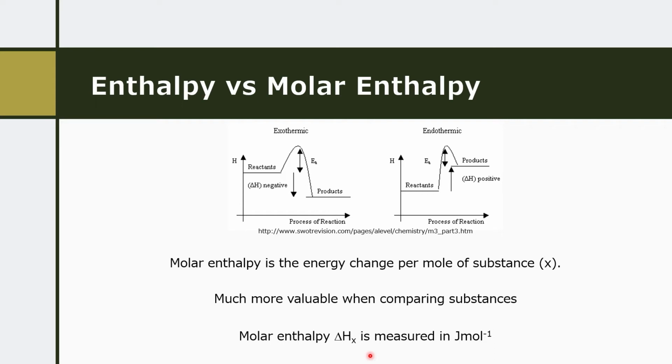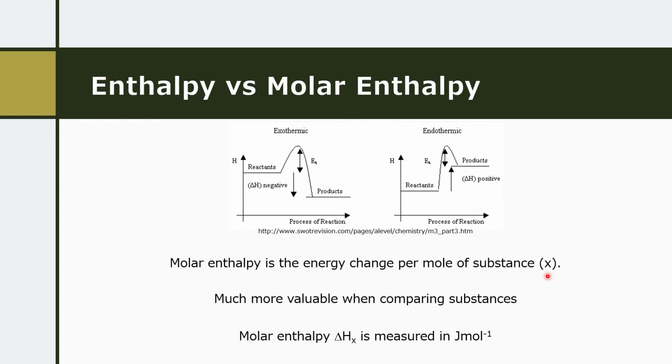So for example, let's say I was burning two different fuels. I could measure the amount of energy that's being produced by both of those fuels and compare them per mole that's been burnt. Note as well, molar enthalpy is written as delta H as well. Usually we'll have some sort of subscript, which I've just written as X, which will refer to either the substance or the process that is occurring.